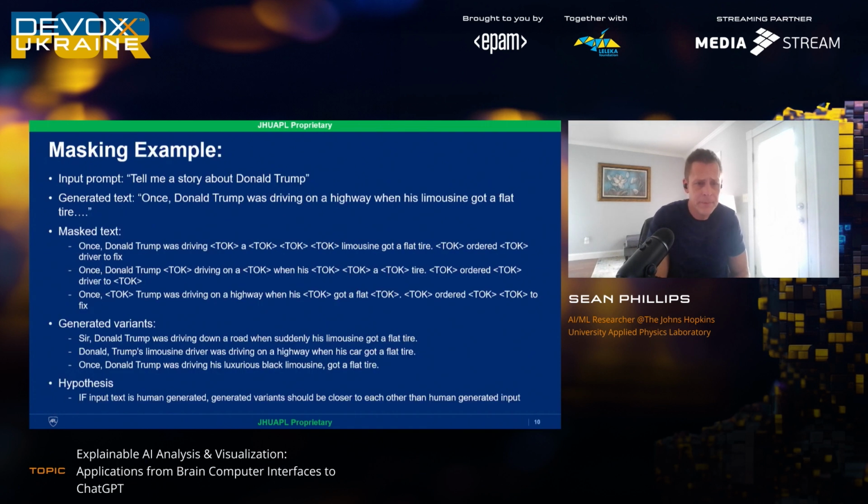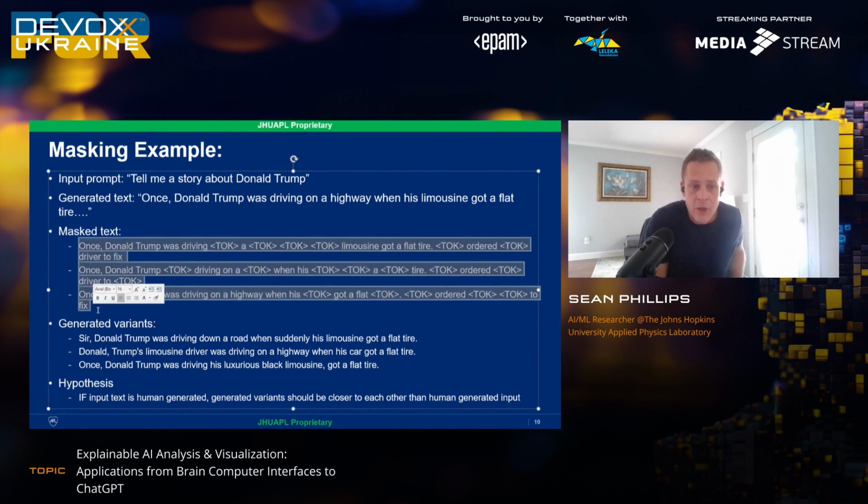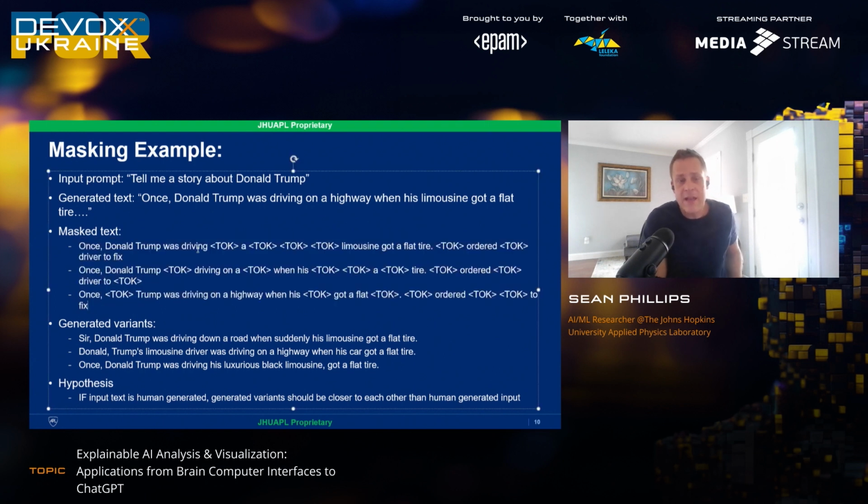What do I mean by that? Well, let's say you get this input prompt, and we're not testing the prompt, right? We're just saying, hey, this text was generated, and it's blah, blah, blah. An example of a masked permutation would be any one of these, where you're essentially saying, hey, remove this word, every other word, randomly remove words.